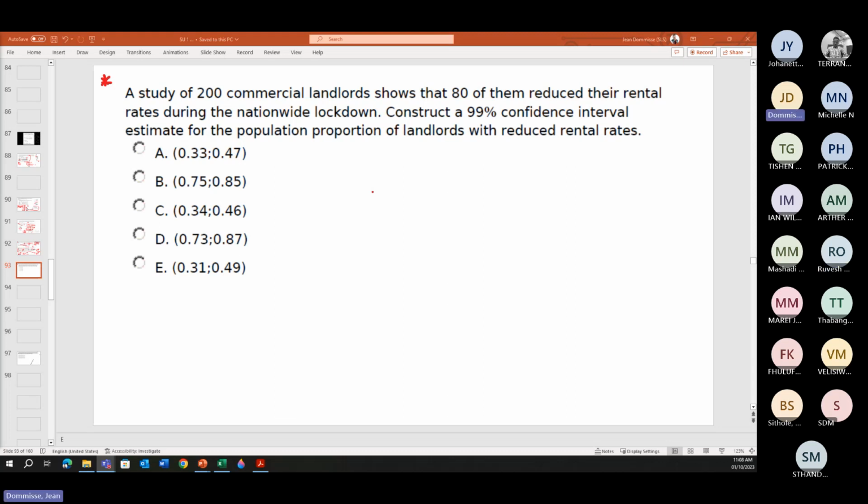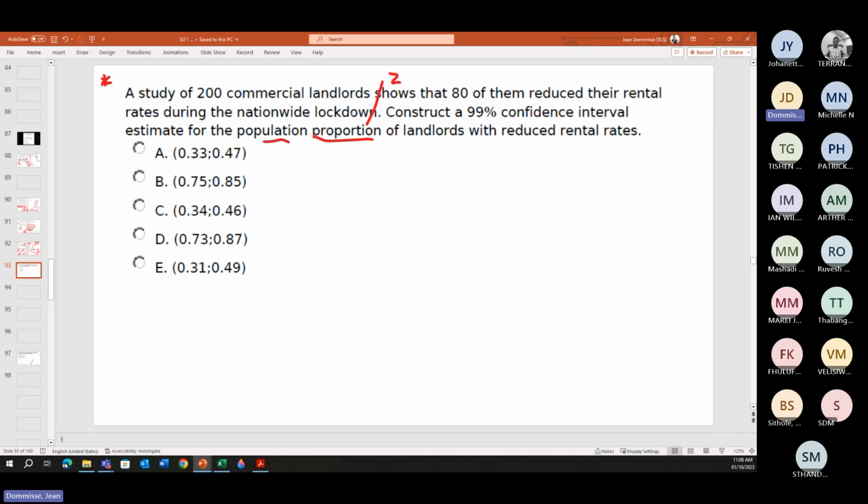Okay, so yes, but already proportion. And we've only done Z for proportion. So just be careful. Luckily, they say population proportion.